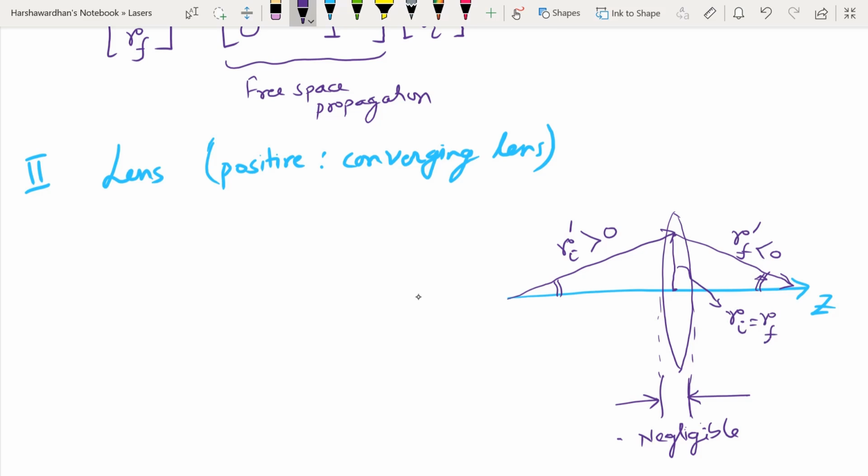Negligible, and this is what I'm calling the thin lens approximation. Within the thin lens approximation, all that the lens does is to change the direction of the ray without changing its displacement between the initial and the final ray.